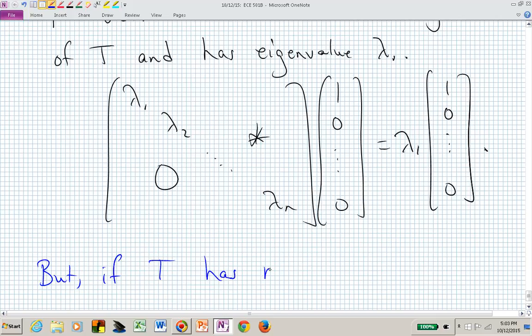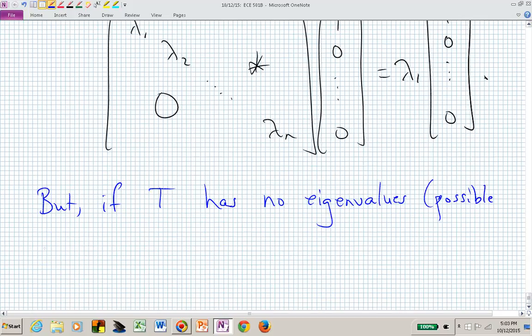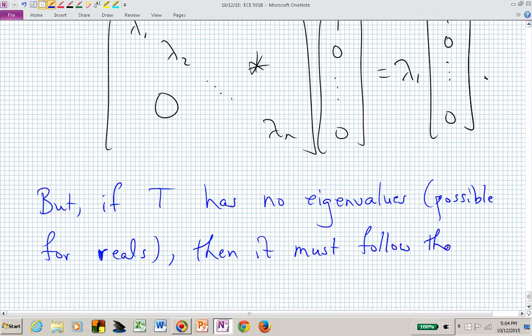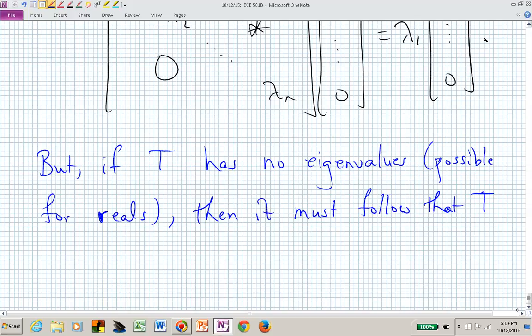But if T has no eigenvalues, which is in fact possible for reals, and think of that rotation example now, then it must follow that that linear operator T on this real vector space has no upper triangular form.